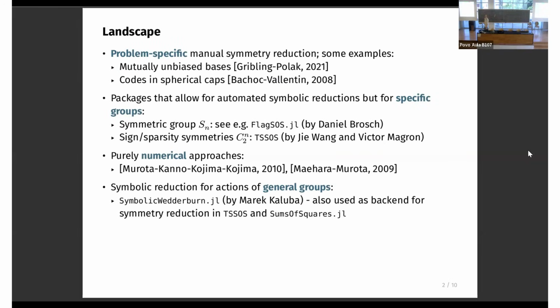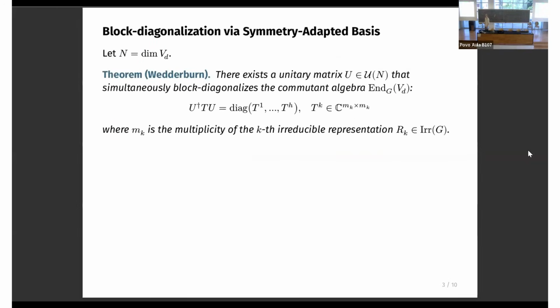Yeah, so I want to talk a little bit about how to get the block diagonalization very quickly. So the basic idea is I won't go into the whole representation theory. This is just the distilled version of the Wedderburn isomorphism, which is you can find, and this is already the matrix version, an isomorphism between your commutant and a direct sum of full matrix algebras.